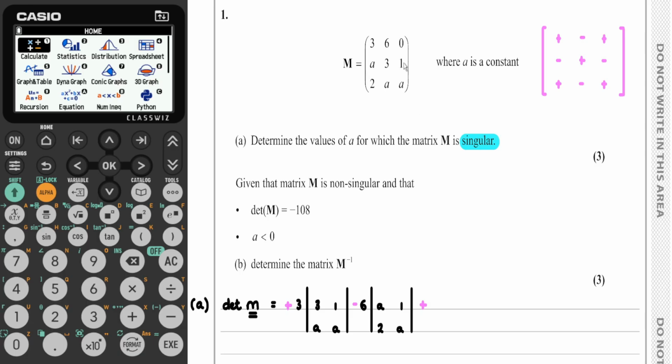Then we have plus 0. We cover up the first row and the third column and take the determinant of what's left over. That would be a, 3, 2, a.